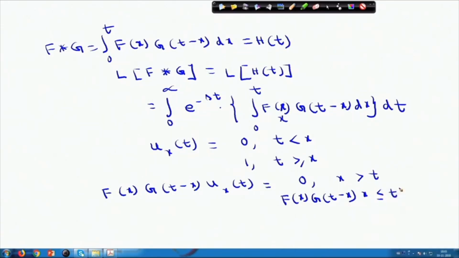Now, the product vanishes for all values of x greater than t. For all values of x greater than t, the limit can be extended here.